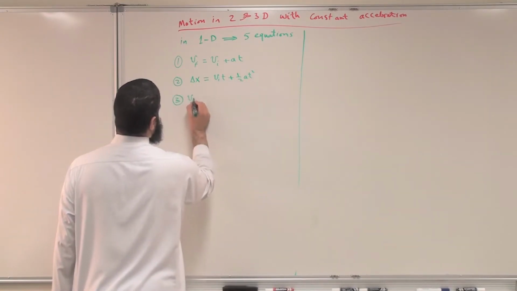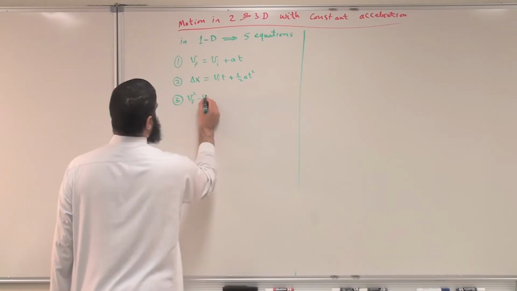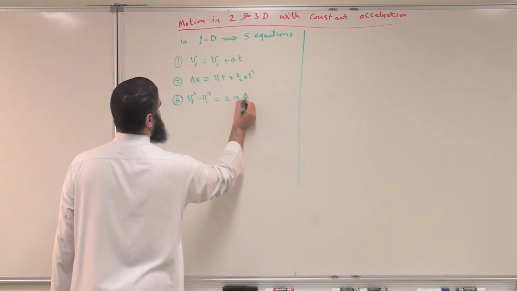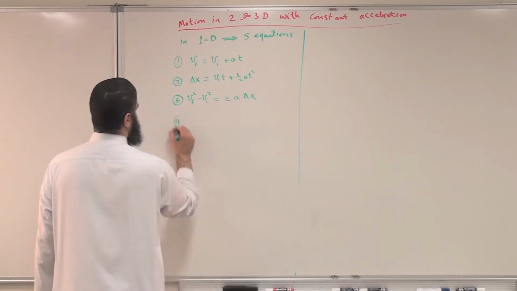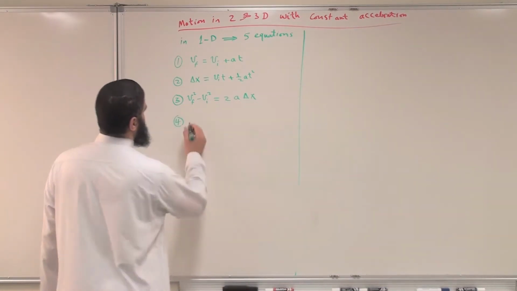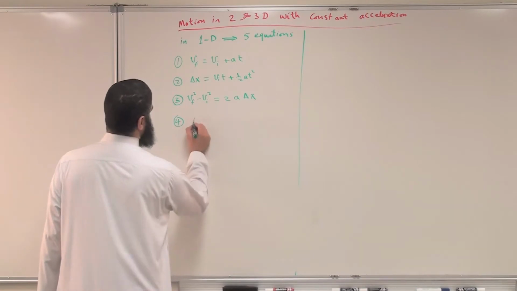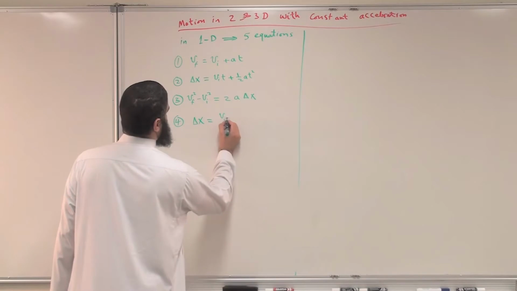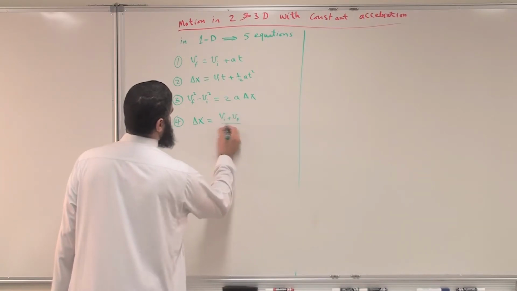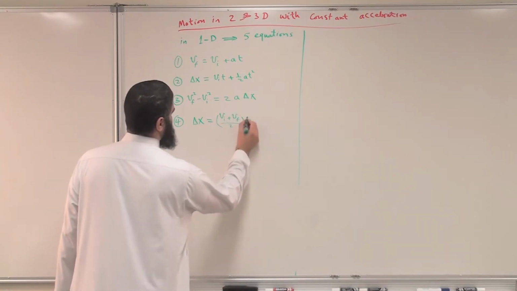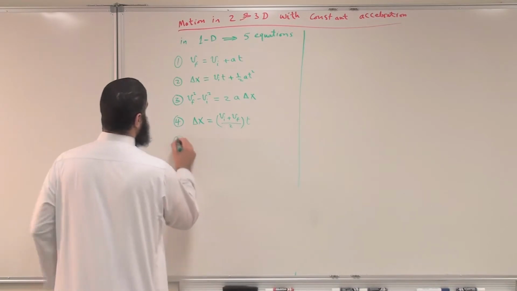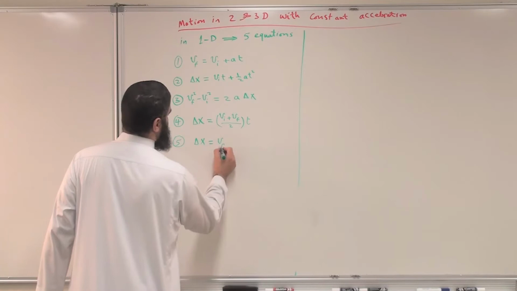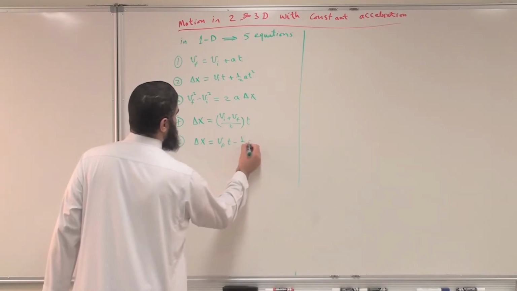Third equation was V final square minus V initial square equals 2A delta x. Fourth equation, where the acceleration is missing, delta x equals (V initial plus V final) divided by 2, all multiplied with time. The last equation is similar to the second, which is delta x equals V final t minus 1/2 A t square.